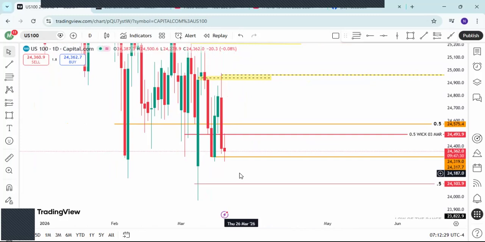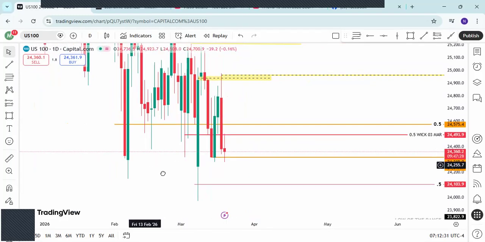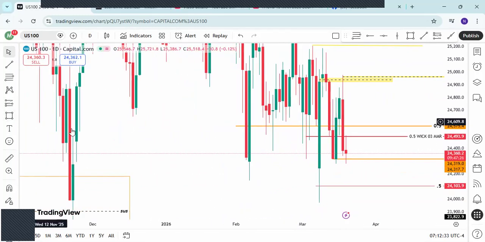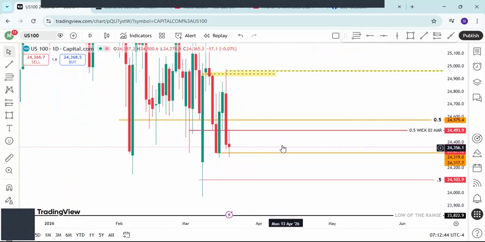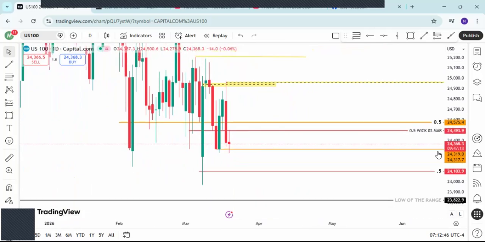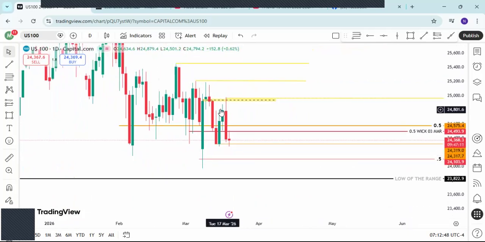So what are we basically waiting for? And we have this there, volume imbalance. So yeah, really we're just looking weak. And today it's Thursday.